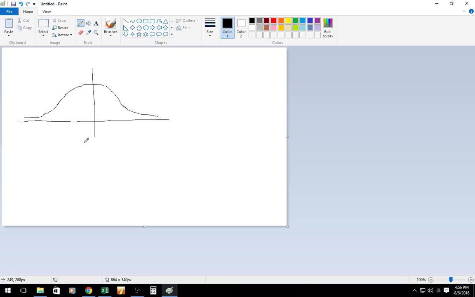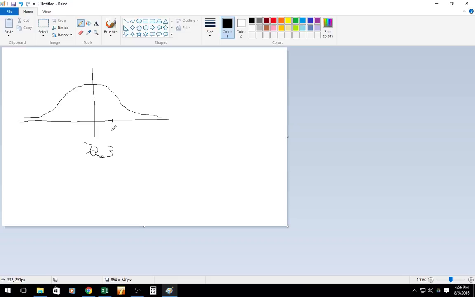In our case, the mean was 72.3. Then one standard deviation away, right about here, would be 8.9 above that.